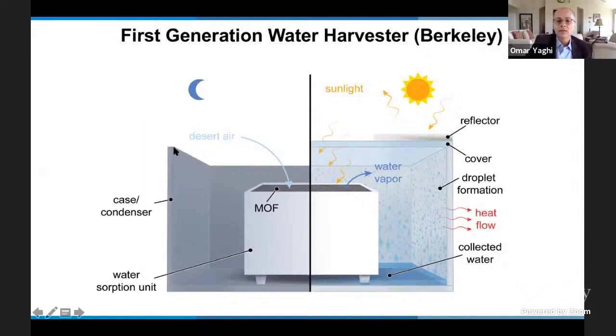And during the day, you close the outside box, expose that to sunlight. As the interior heats up, water comes out of the moth and condenses on the walls of the box. That's roughly the principle of how this works.